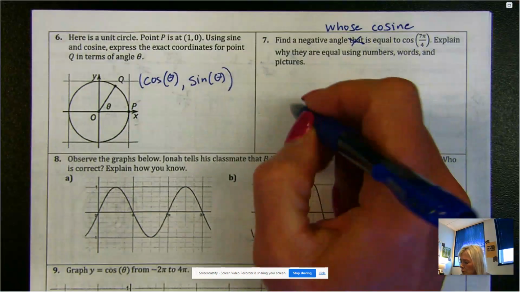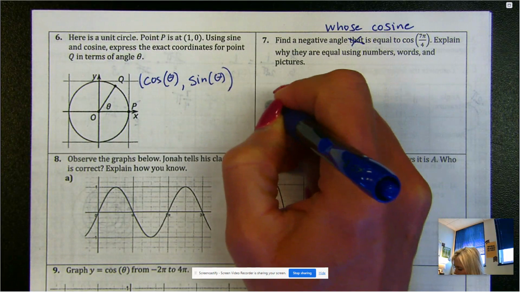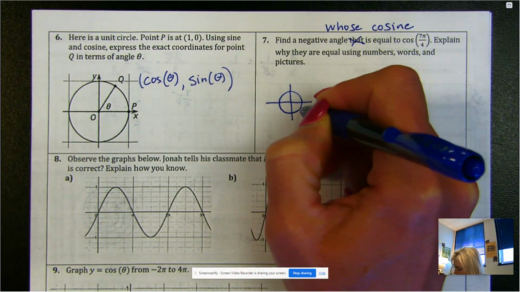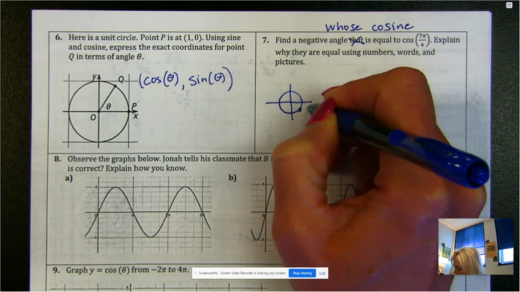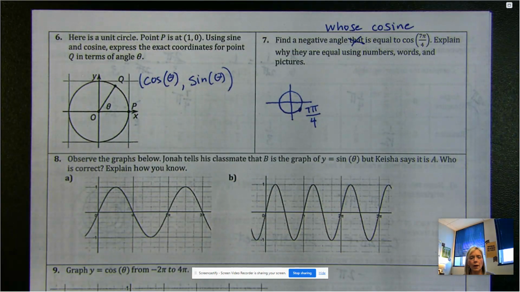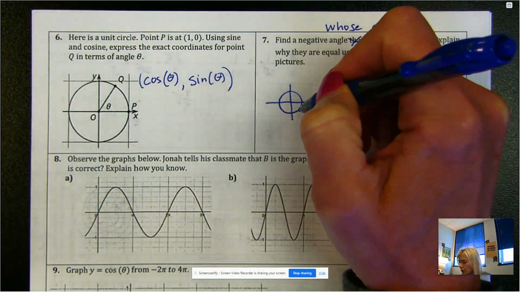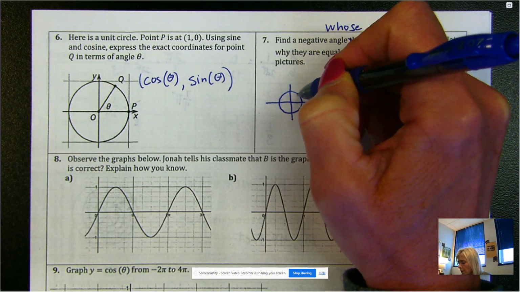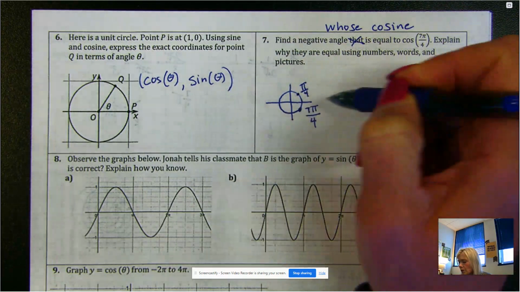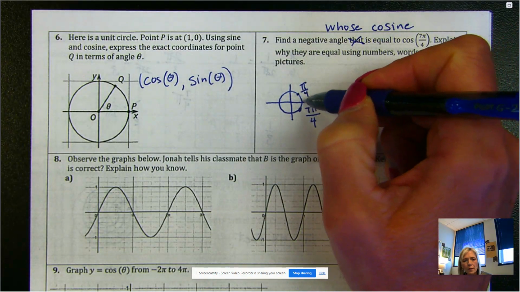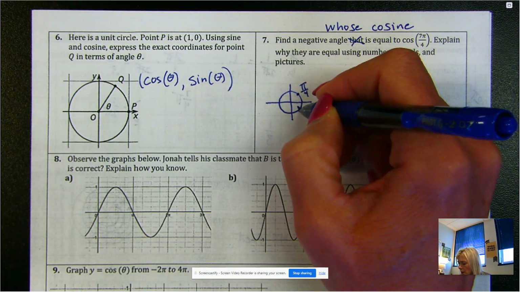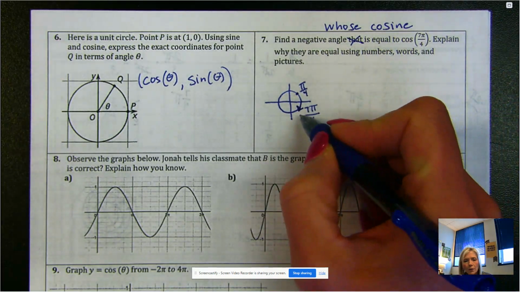So I'm just going to draw a little unit circle. I'm going to label this point as 7 pi over 4. Okay, that's the angle for that point. And so if whatever is right above it, which happens to be pi over 4, if I went this pi over 4 in a negative direction, so this way, I would also land right here.